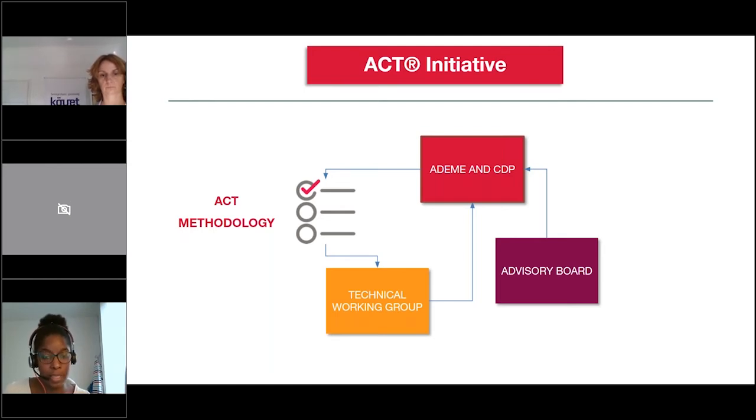So you have the SBT on one hand, but also other sources of methodology like the International Energy Agency scenarios, which also present trajectory pathways for energy sectors.